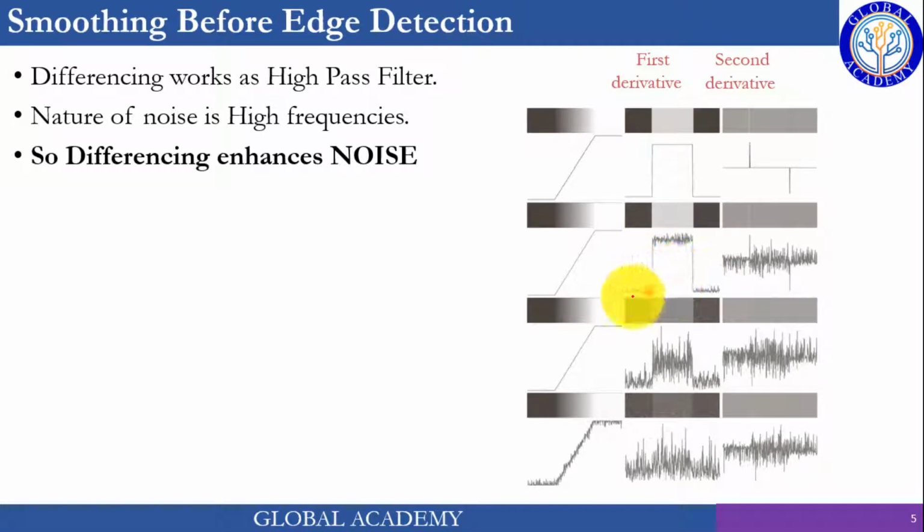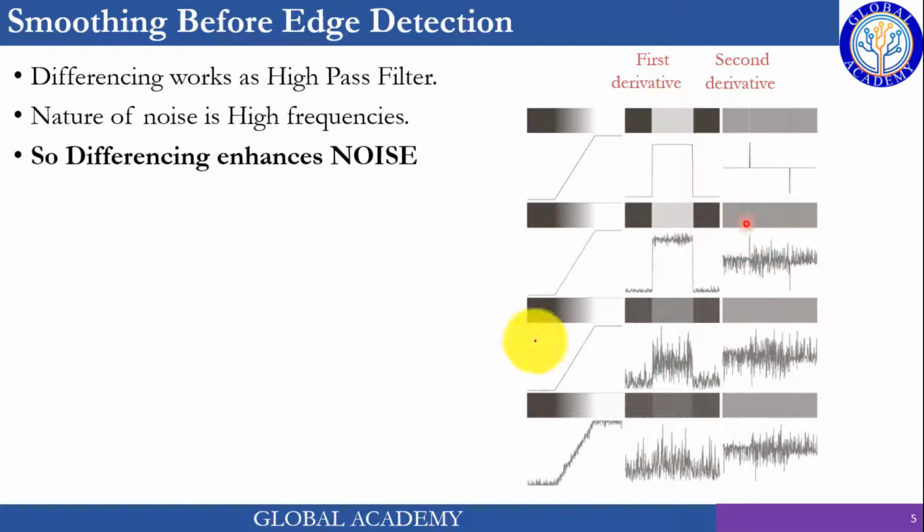So you can see the noise which is added in this image and is visibly not clear, but enhanced in its first derivative, and even more in the second derivative. But amazingly the impulses are still visible: a positive impulse and a negative impulse, representing these edges, and the edges are even visible in the second derivative display of the image.